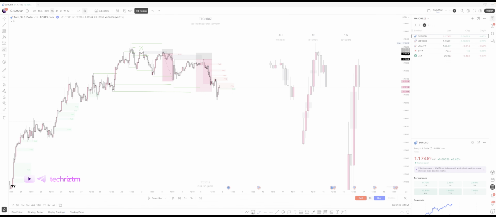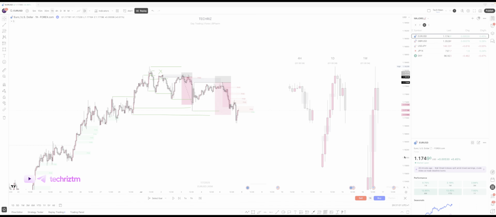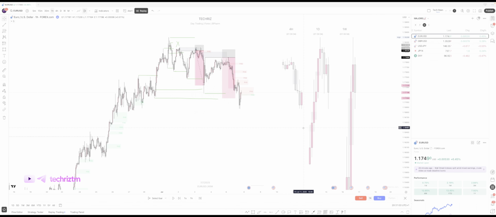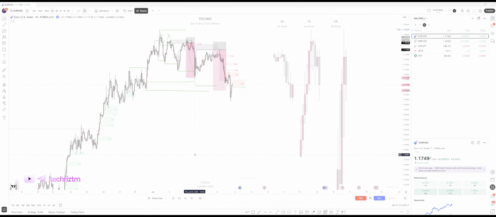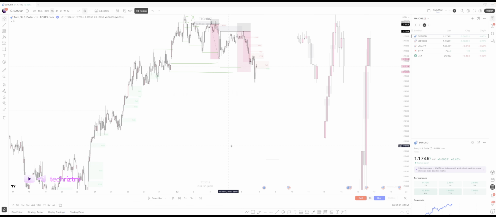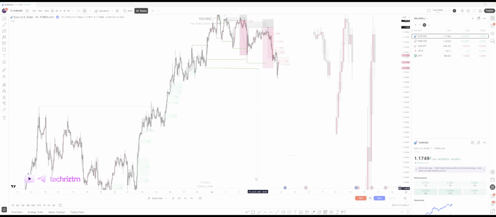So we're going to continue mind map reading this particular market until we get to that zone. I'm going to do ourselves a favor and draw a line that indicates the end point of our sells.